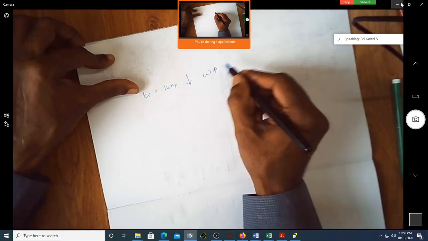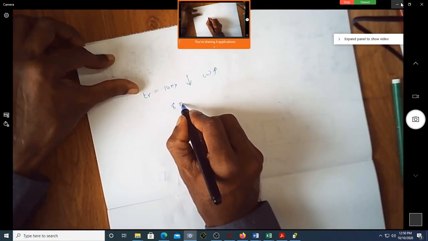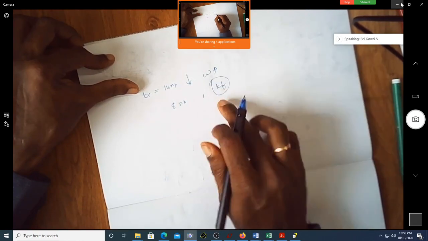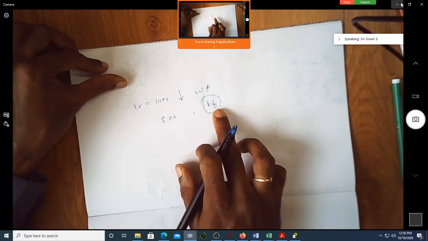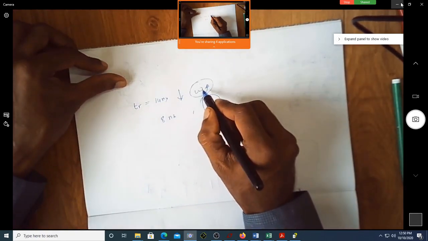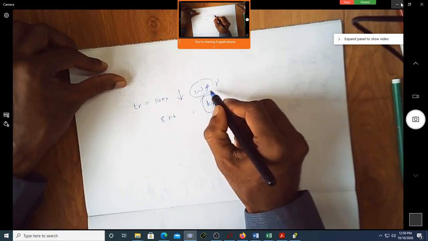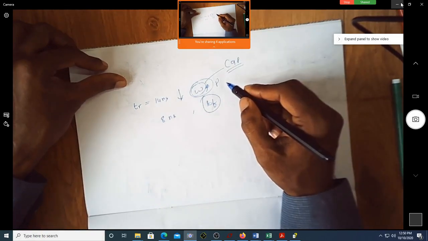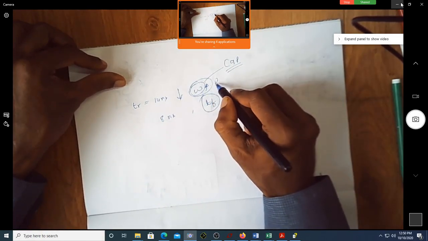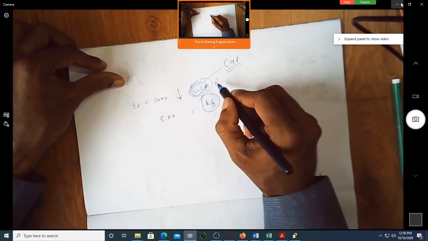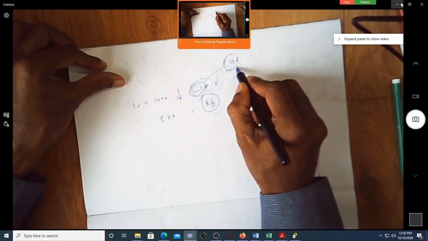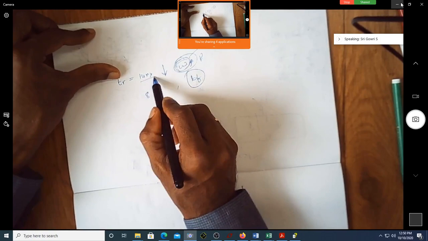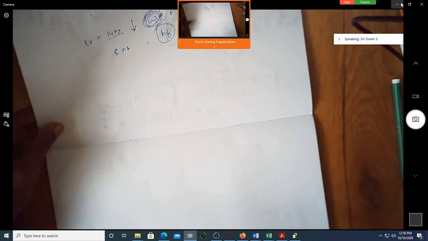If I increase the width by 2 times, this may come to 8 nanosecond. But along with that, you might have seen that TF was also changing, though you are changing the width of only the P transistor. So when you change the width, does the capacitance also change? We never thought of changing the capacitance because of the parasitics. When you change the width, along with the resistance the capacitance also changes. So if you simply change the width, it is not only the resistance that changes, the capacitance also matters.